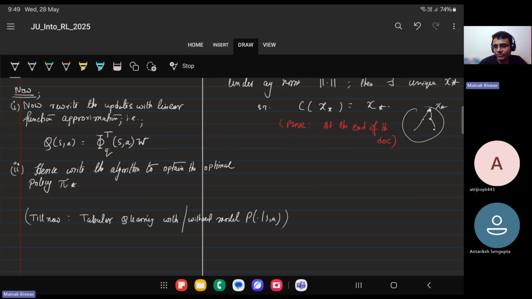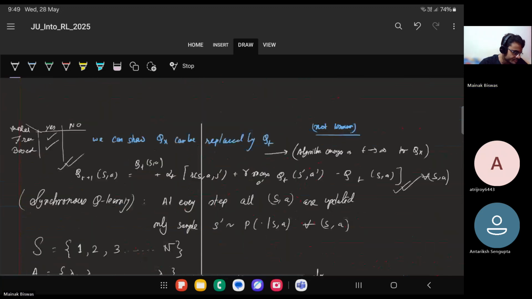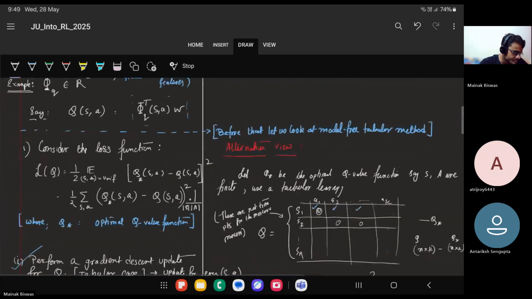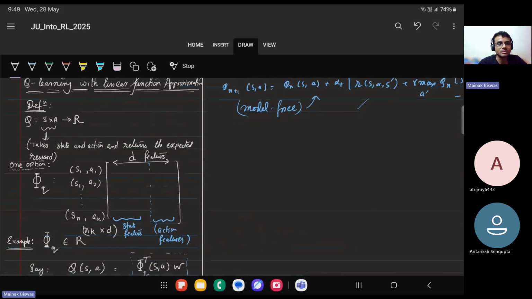It could be denoted by some features, as I have done for the TD learning algorithm. So this is what I want with linear function approximation. I want to map from states and actions to a reward function. But what I have is, for all states and actions, a feature vector.